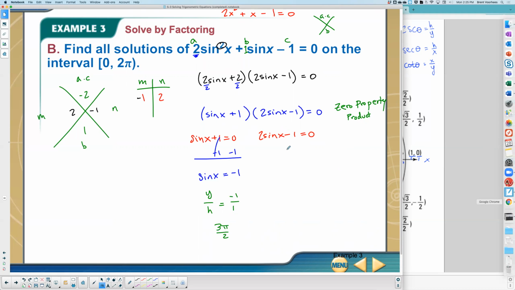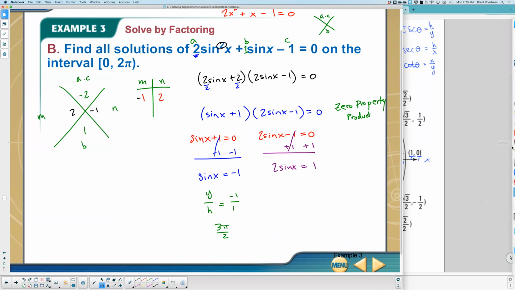Okay, now let's go solve this other zero product property. What would I do first on this side? We would add 1. Then we'll divide by 2. Let's check it. Does it look like I should divide by 2? Yeah, I think so.